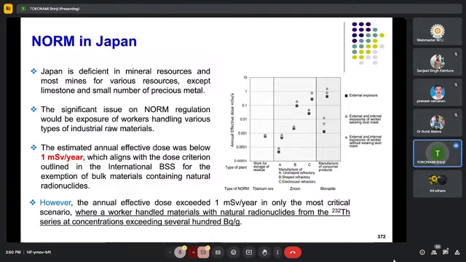The estimated annual effective dose was below 1 millisievert per year, which aligns with the dose criterion outlined in the International BSS, Basic Safety Standard, for the exemption of bulk materials containing natural radionuclides.